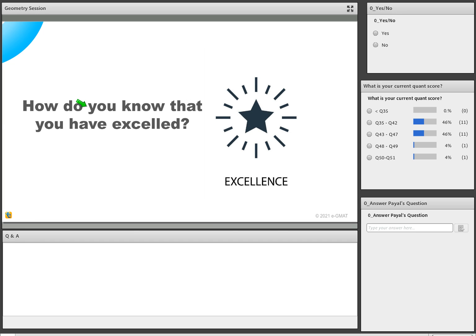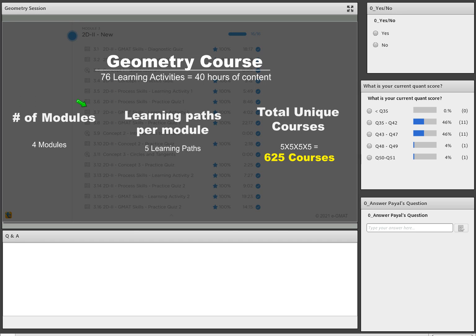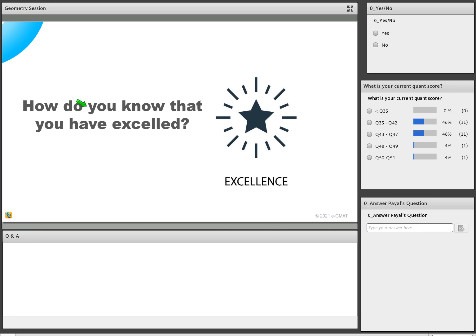Very important. Whenever you're thinking about the course, think: do I get the course that is right for me, that is personalized to me? We know that you need to build conceptual understanding, process skills and GMAT skills, and that you need a unique course dedicated to you.